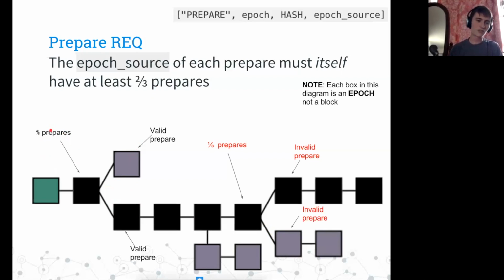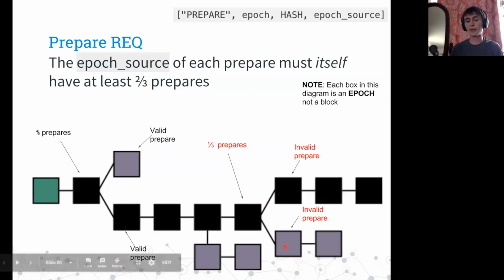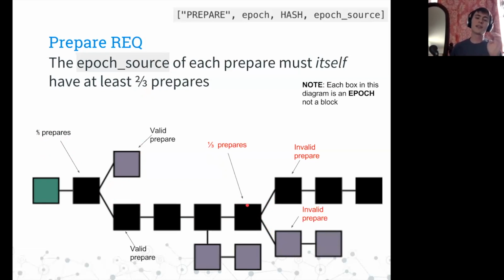Now, this has 4/5 prepares, so both of these epochs are totally valid, and you can prepare on them because they have at least 2/3 prepares. Continue. This one has 1/3 prepares, which means that these two epochs where people prepared are actually invalid, because this epoch has not yet met the prepare requirement.